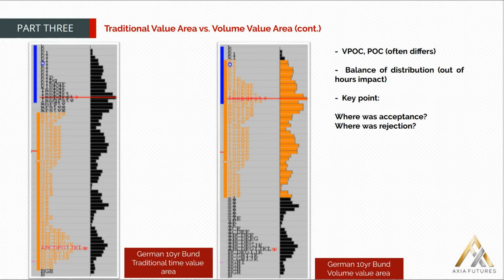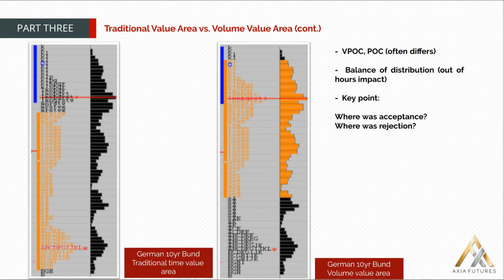What you have in front of you is two profiles. The profile on the left incorporates a traditional time-based value area. The profile on the right is a modern-day volume value area profile. As you can see, it's the exact same day type in the German Bunds, but what I want to illustrate to you is the main differences that you're going to see if you were to chop and change between the two.